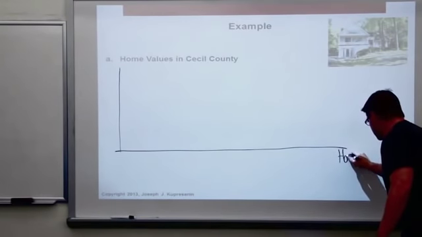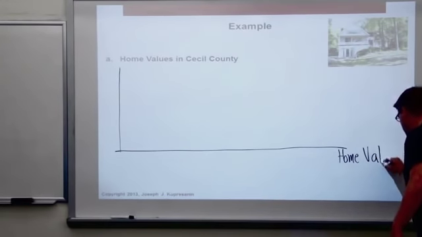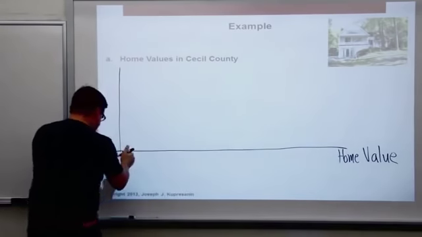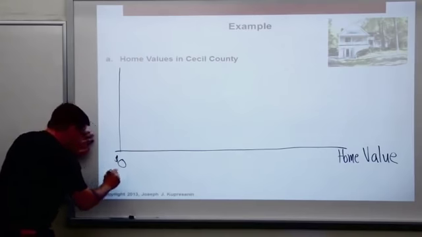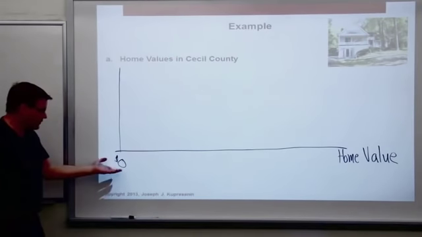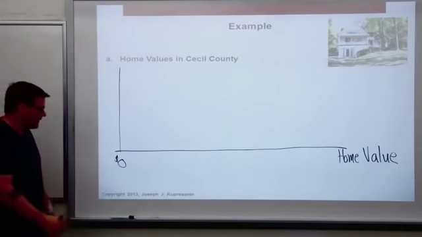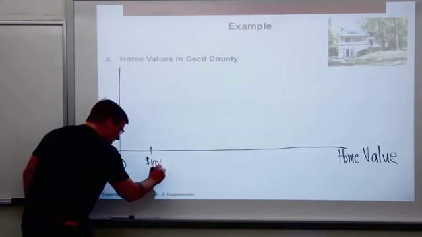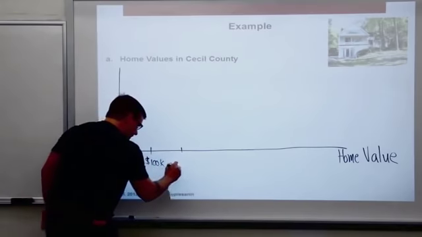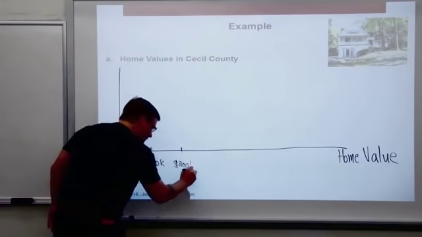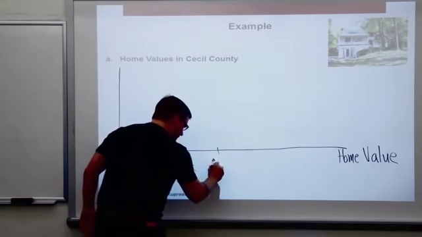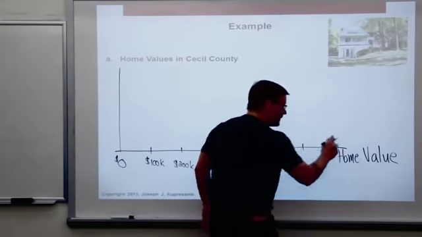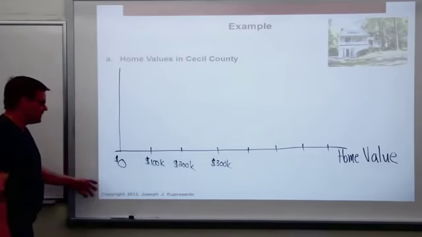Here's home value. I've got a hard left here, right? The lowest amount a home can be worth in Cecil County could be 0. Maybe here's 100,000. I'll write that as 100K. Maybe here's 200,000. Maybe here is 300,000. 400, 500, 600, 700, and so on, right?